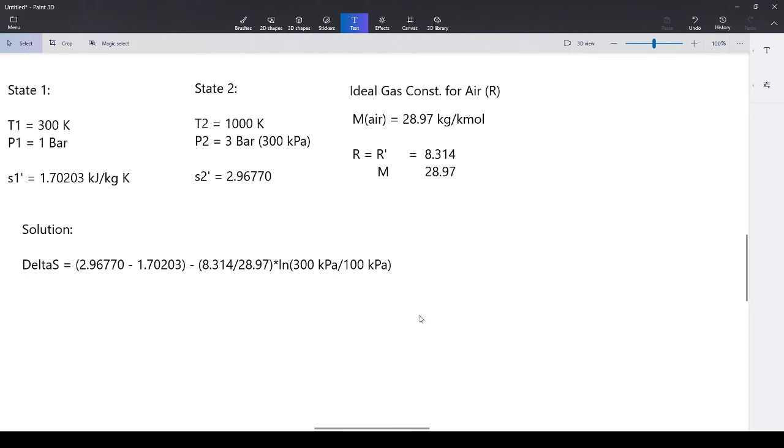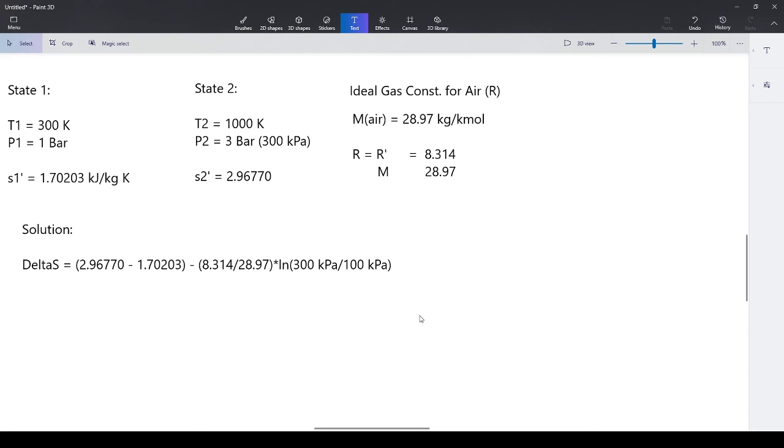So you would do 8.314 divided by 28.97 times the natural log of 3 divided by 1.